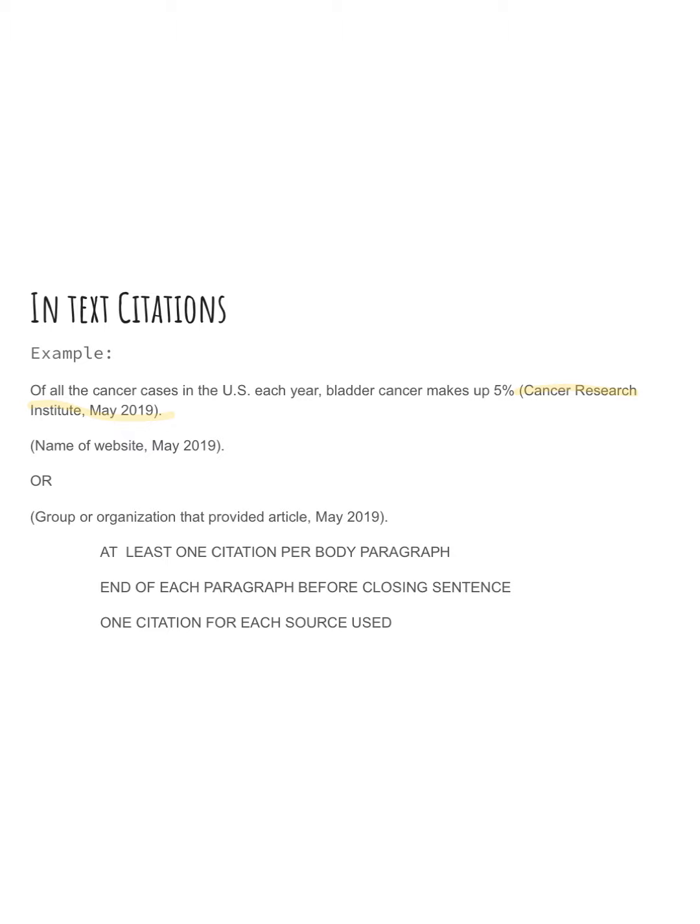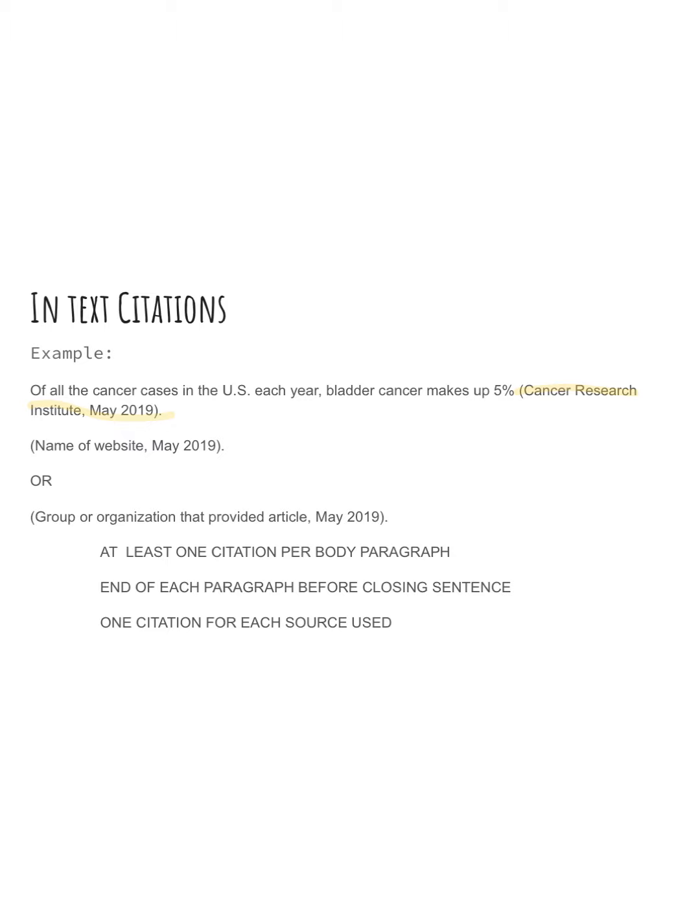So a couple rules, you need at least one citation per body paragraph. At the end of each paragraph, before the closing sentence, you need a citation. If all of that paragraph came from the same website, that's okay, that probably will happen. You are going to put the citation all the way at the end, right before the closing sentence.